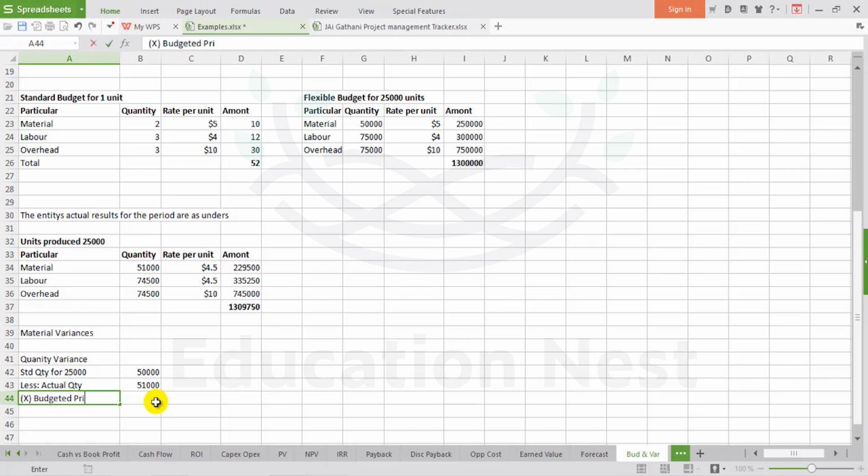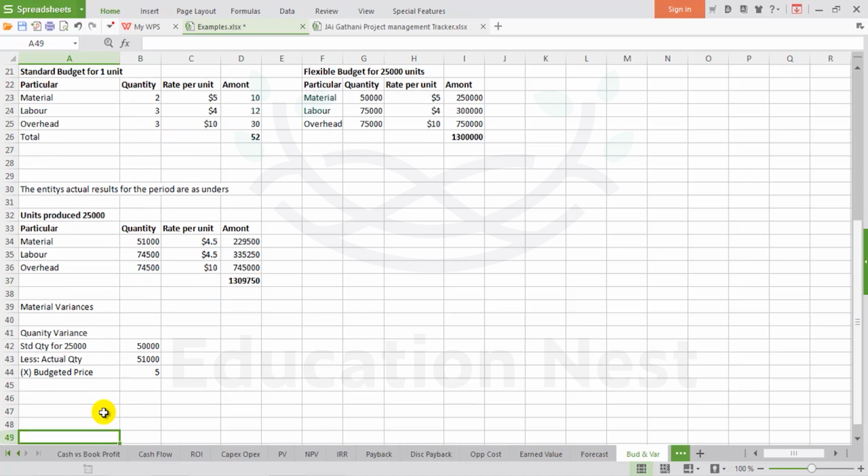Now you might be wondering why we are taking the budgeted price instead of the actual price over here. The logic being that the difference in price will be taken care of by the price variance, which is going to come next. Whenever you compute any variance except for price variance, you always consider the budgeted price only, not the actual price. However, in case of price variance, you compute using the actual price. It's going to come up in a while.